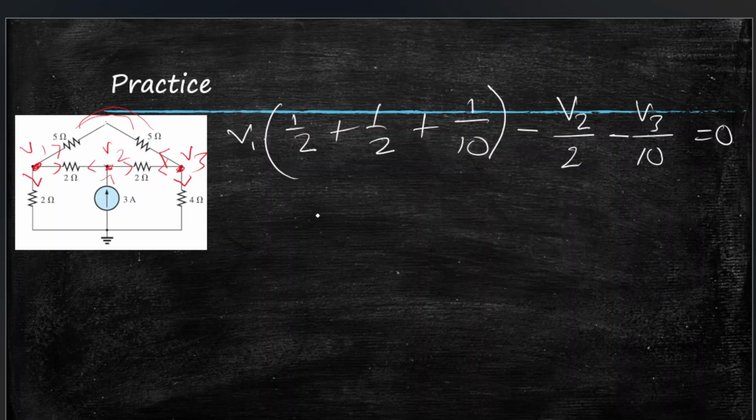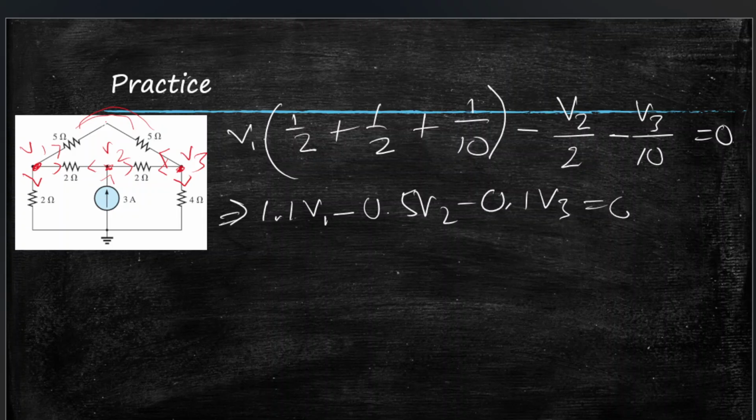No sources in V1. So this becomes 1.1 V1 minus 0.5 V2 minus 0.1 V3 equal to 0. So that's equation 1.